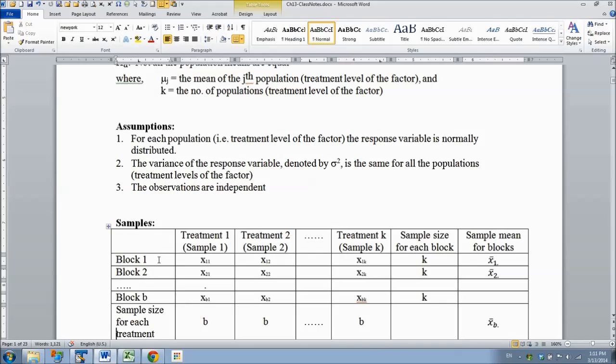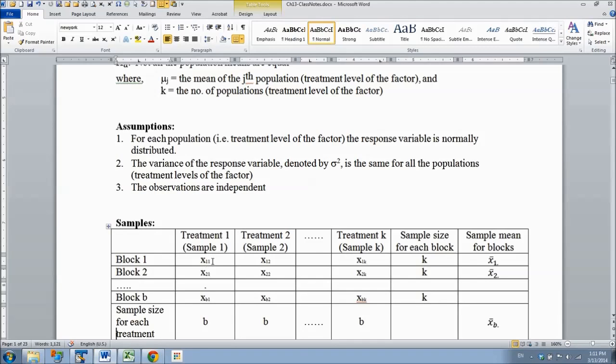Or in the case of production, it will be worker 1, worker 2 and so on. And the treatment levels are k. And here we have b levels of block, lowercase b. So for each treatment we will have observations going from x sub 1 1, x sub 2 1 and so on through x sub b 1.